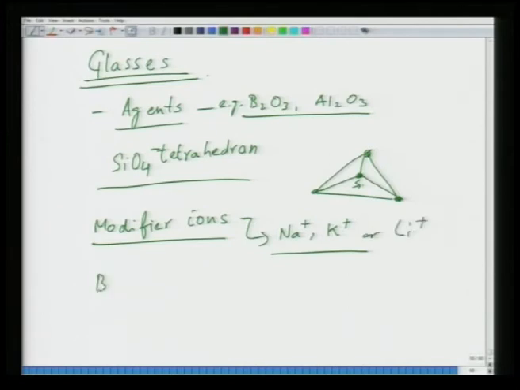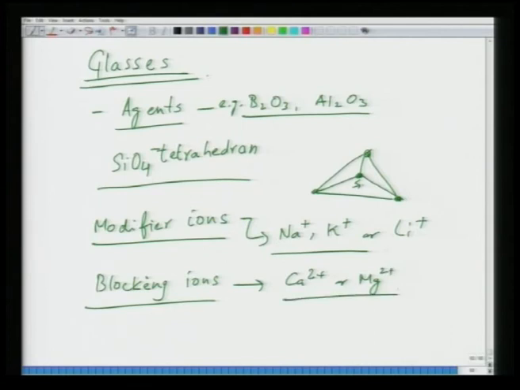And then you can have blockers, or blocking ions, and these blocking ions tend to be bigger sized cations such as calcium or magnesium. The increase in the conductivity upon addition of these ions is much larger than upon the addition of these ions. So, that is why there is a relative effect. These are called modifier, these are called blocker.